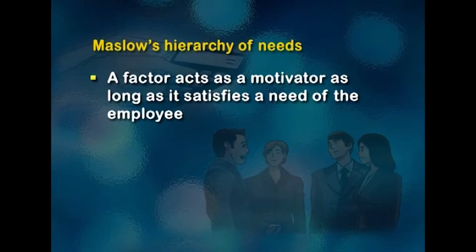According to Maslow's hierarchy of needs, we are going to discuss employee benefits. Maslow indicated that a factor acts as a motivator as long as it satisfies a need of an employee. He states that man's needs constantly change from basic to progressively higher needs.